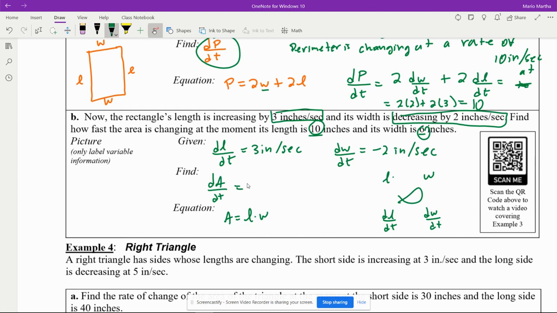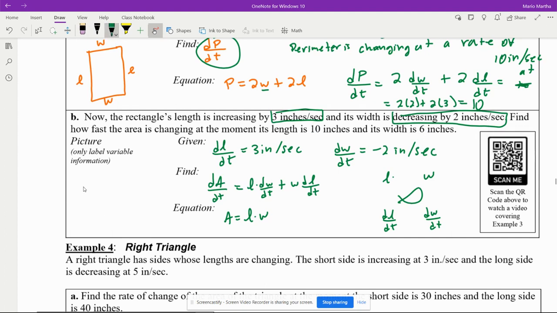That's dA over dt. We plug it in, so that would be L times dw over dt, plus W times dl over dt. Here, yes, I would need the 10 and the 6, so I do have to make that substitution.